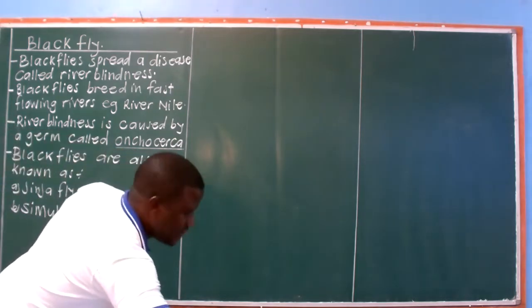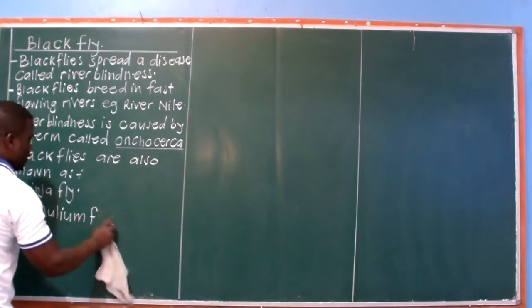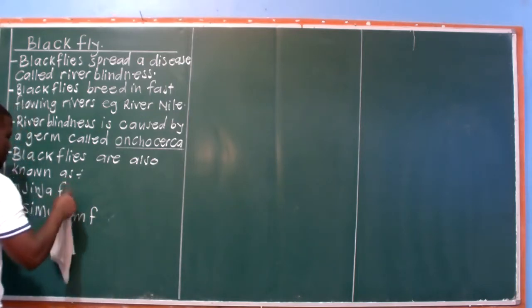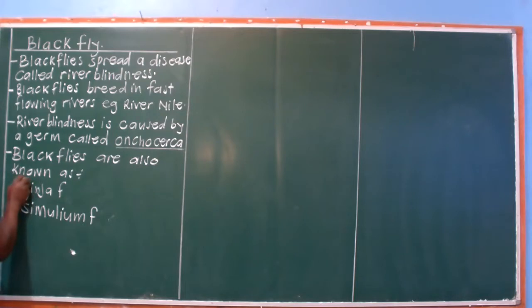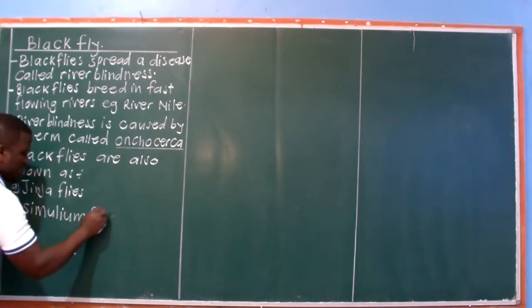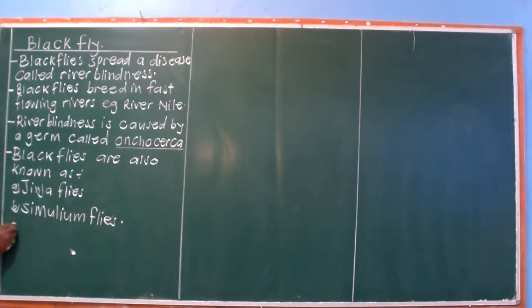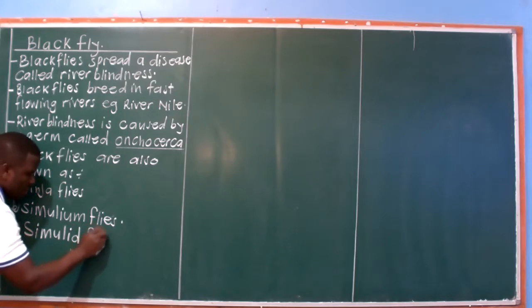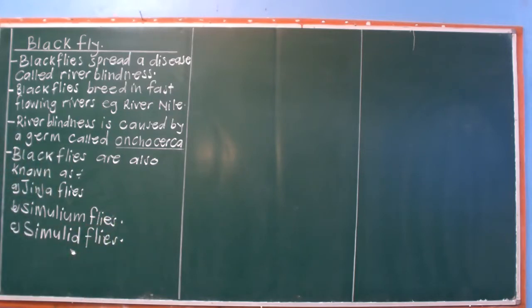Simulium flies. So they can be called ginger flies, simulium flies. They can also be called simulid flies. So these are other names given to black flies: ginger flies, simulium flies, and simulid flies.